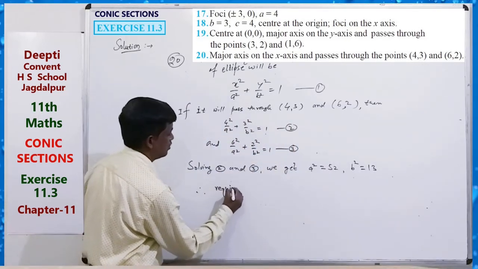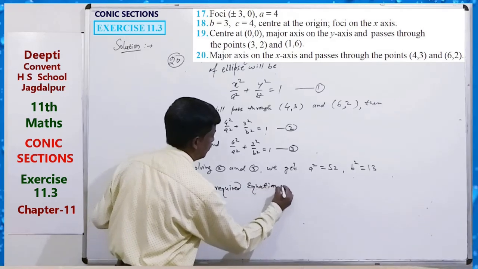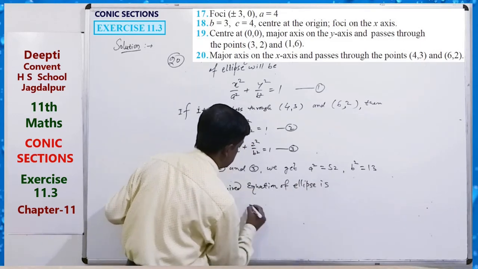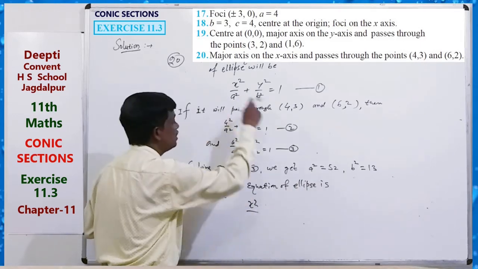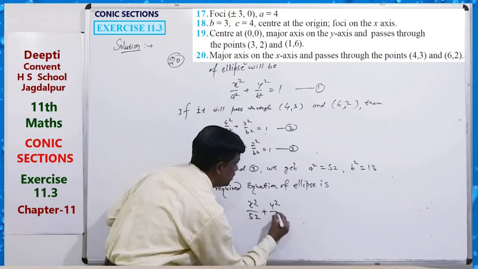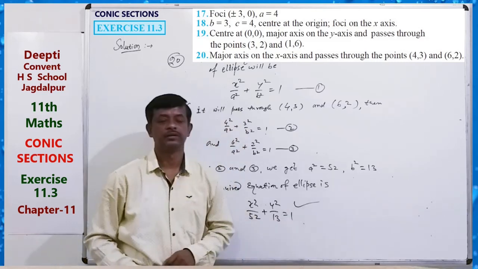The required equation of ellipse is x square by a square, a square is 52, plus y square by b square, 13, equals 1. This is the solution. Clear?